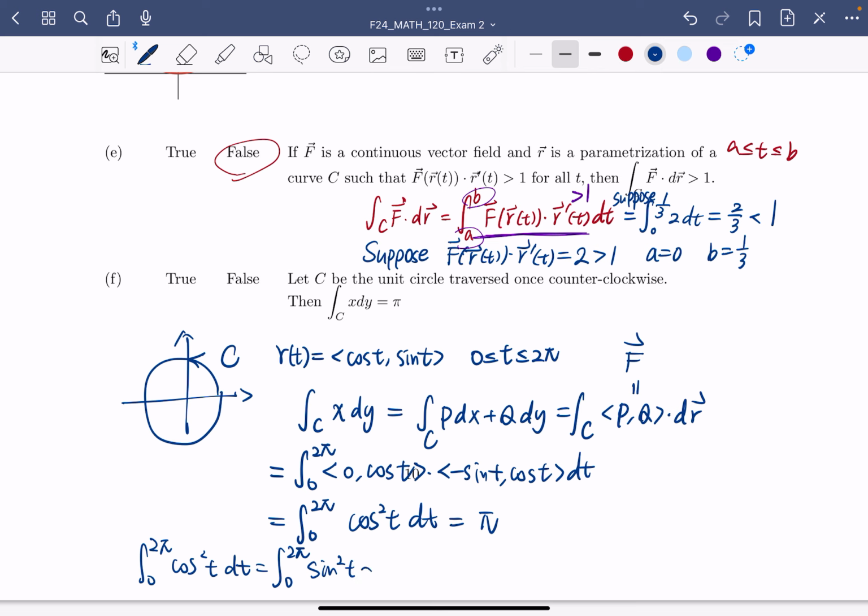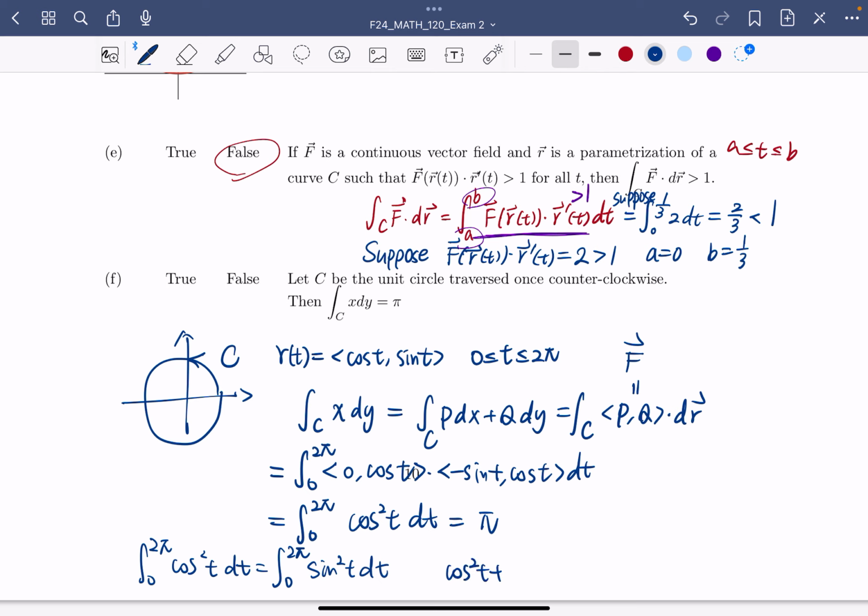So if you integrate the squares over the whole 2 pi, because they are periodic and differ only by a translation, then the integral of their squares must be the same.